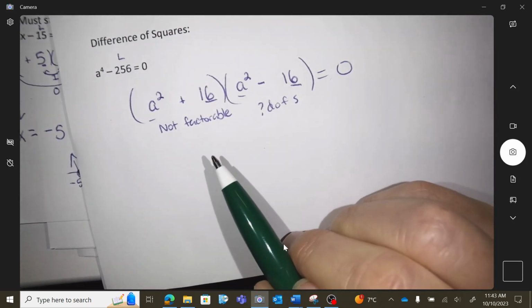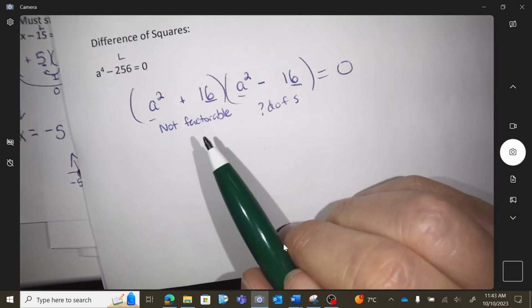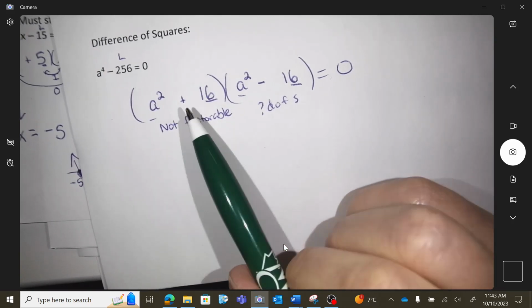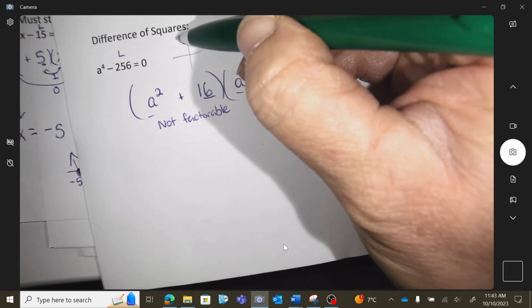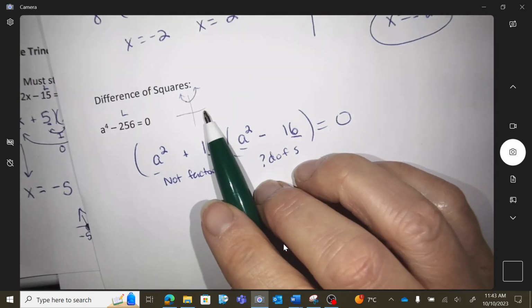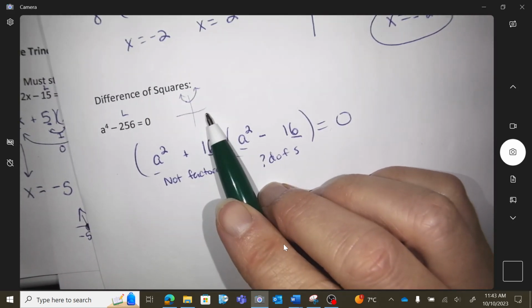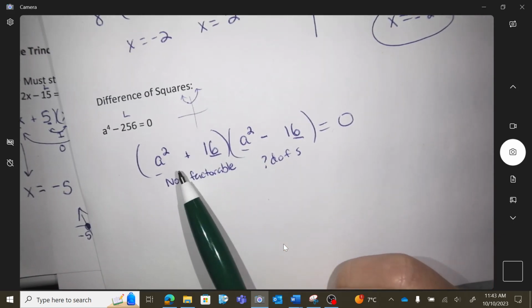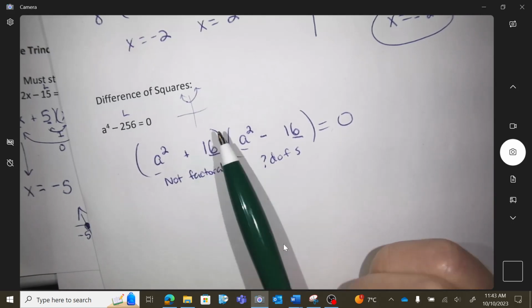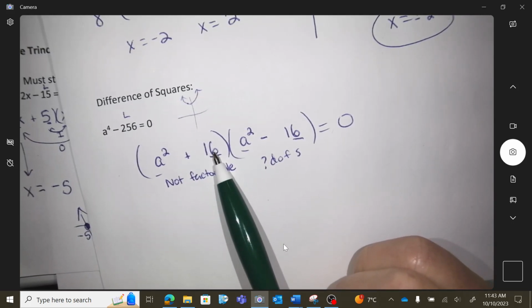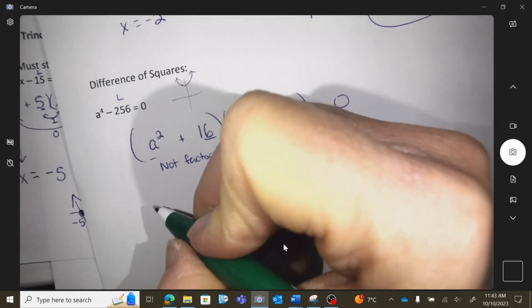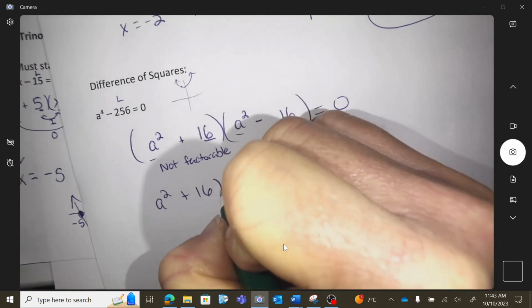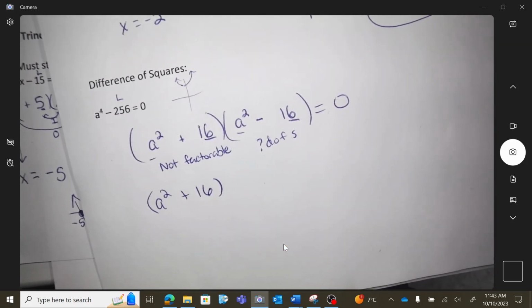That one you can't even go further. Why can't you? Here's a reason. If your parabola is up 16, there's going to be no x-intercepts. It's not factorable. Another reason, if I try to isolate a squared, I would have to minus 16 and then square root negative 16. Not possible. So it's not factorable. So I'm going to leave it as it is. I'm going to rewrite it, but there's nothing I can do.